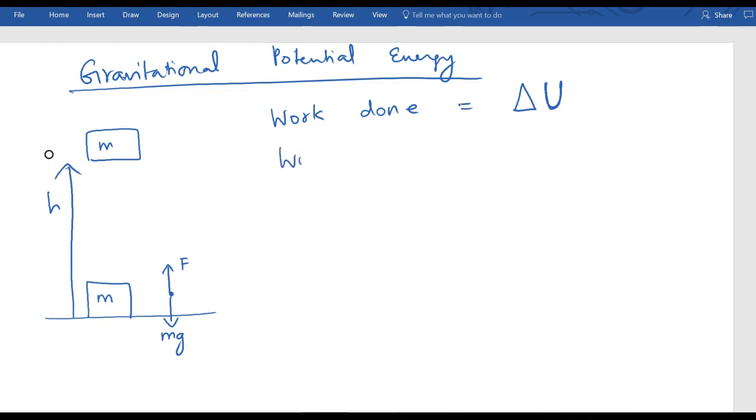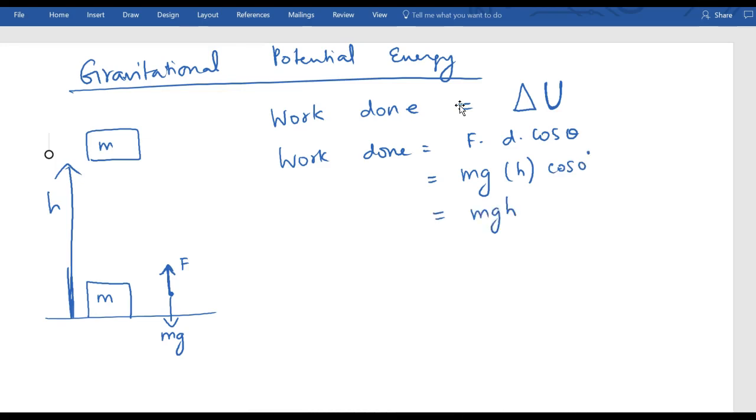So work done is simply, starting from the original equation F d cosine theta, we substitute: work done by the applied force is mg times the displacement h. Because my applied force and the displacement are in the same direction, the angle is 0, so that gives me the work done as mgh.